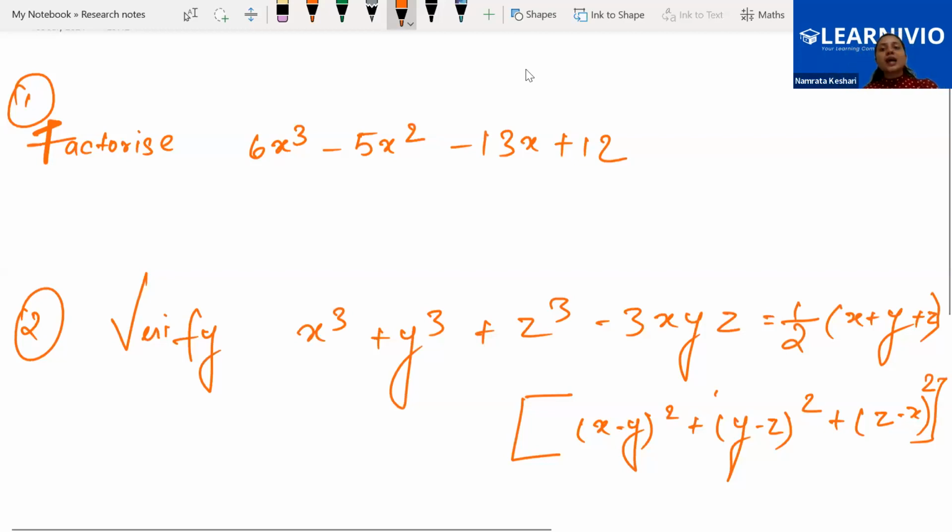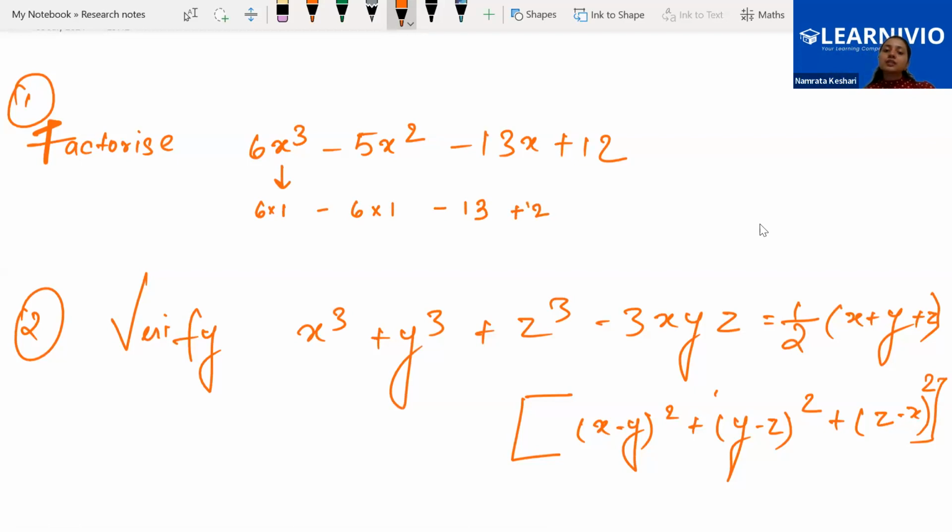So randomly, if we take x as 1, then let's check, are we going to get 0? If we take x as 1 over here, 1 cube is just 1, so directly I am writing 1, minus 13 plus 12.